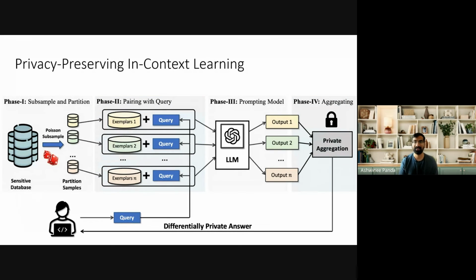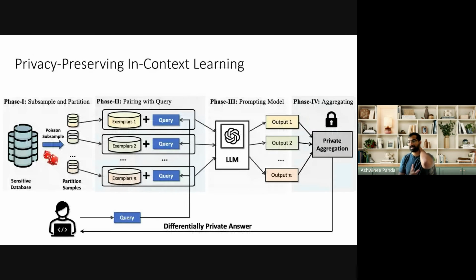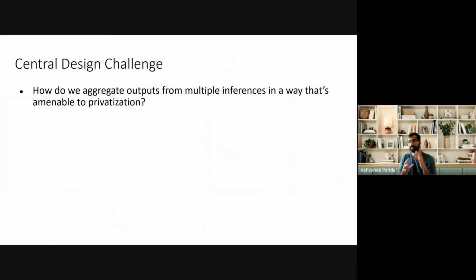I'm not going over the basics of DP here because I figured I wouldn't have enough time, which was accurate. But what I wanted to talk about is the central design challenge in this entire setup: how do we aggregate outputs from multiple inferences in a way that is amenable to privatization?